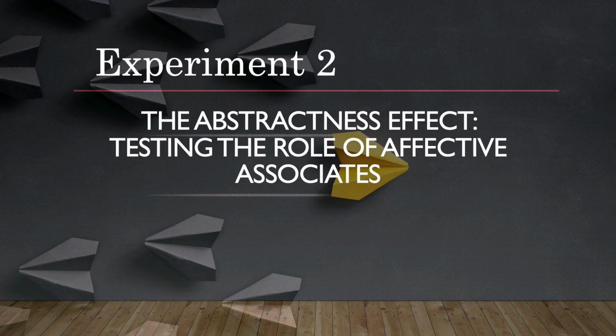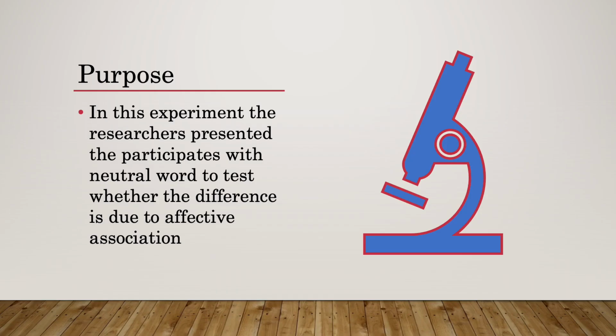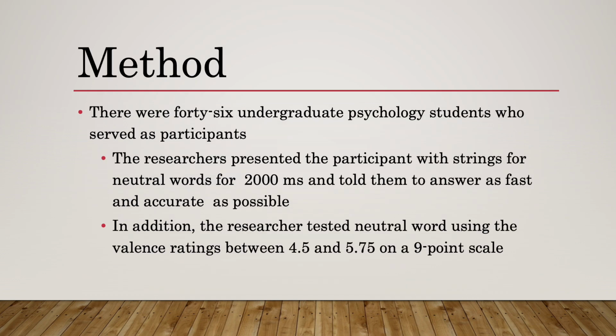The researchers titled the second experiment "The Abstractness Effect: Testing the Role of Affective Associates." The difference between experiment 2 and experiment 1 is that in experiment 2, the researchers presented the participants with neutral words to test whether the differences were due to the affective associations. Methods. There were 46 undergrad psychology students who served as the participants.